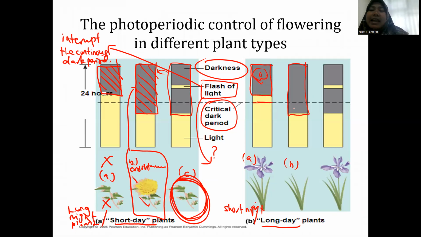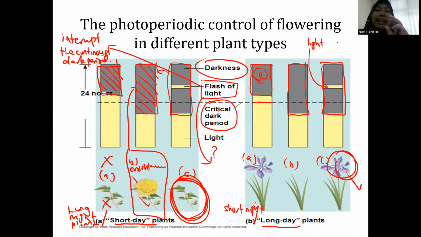Okay, right. And as for the third experiment, you can see it is exposed to a longer dark period than the critical period, as in experiment B. But why is the plant flowering? Right? Because remember, it has a flash of light.